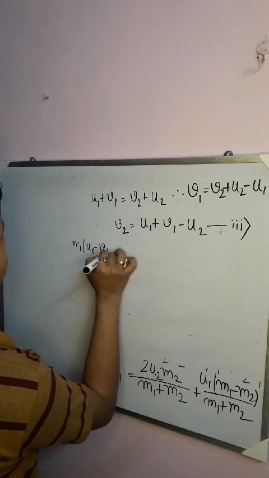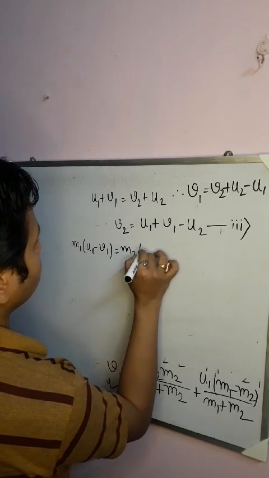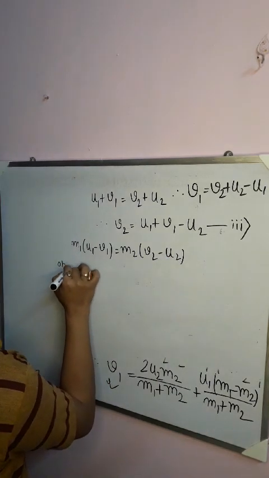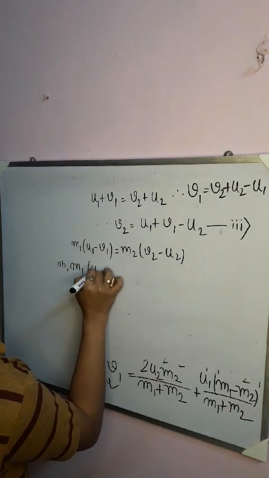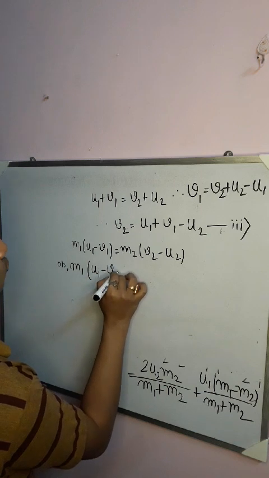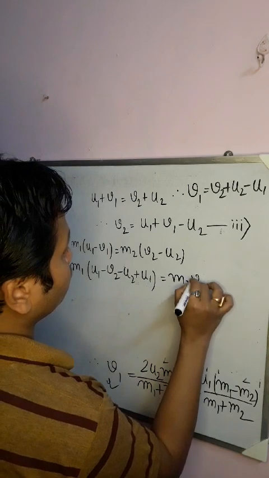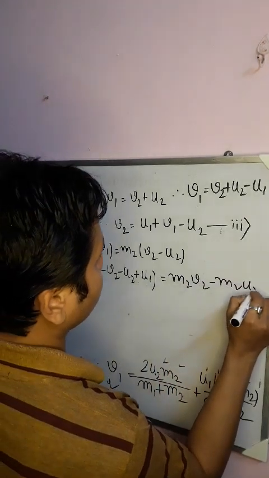m1 into u1 minus v1 equals m2 into v2 minus u2. Now we have to put the value of v1, that means u1 minus v2 minus u2 plus u1. This equals m2 v2 minus m2 u2.